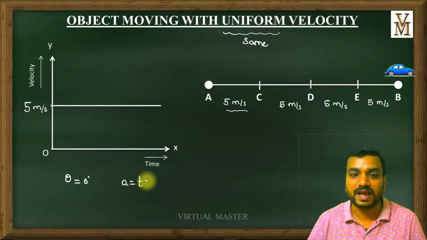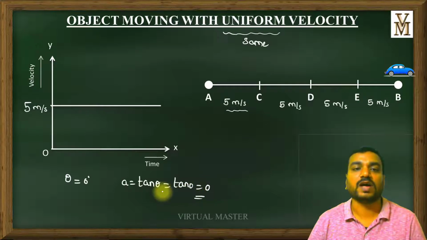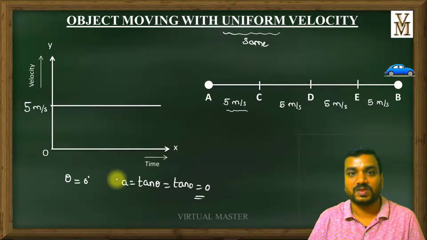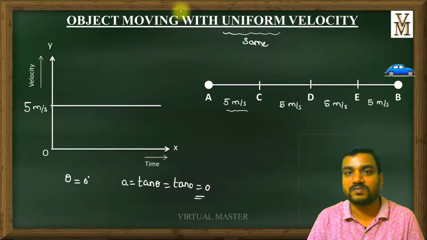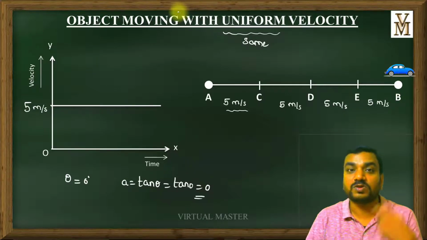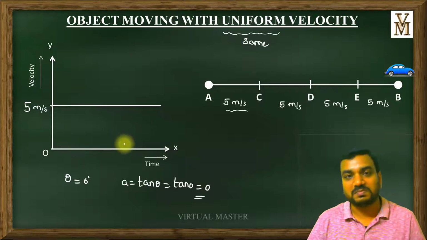It is nothing but tan theta. Now tan 0 will be equal to 0 only. So the acceleration of the object will be 0 in this case. Okay, I hope everyone has understood how to draw the velocity time graph of the object moving with uniform velocity and how to calculate the acceleration of the object using the graphical method.